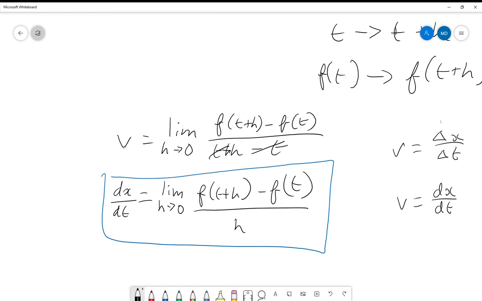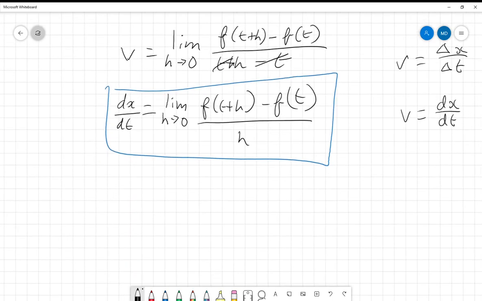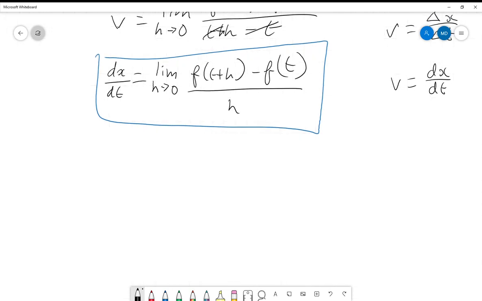Okay, now with this in mind, we can actually go a little bit further and prove that if x is equal to t squared, then v is equal to 2t. Not just for one point, but at every point. This is a little bit harder now, but it's still exactly the same principle. We've got t and we've got x.